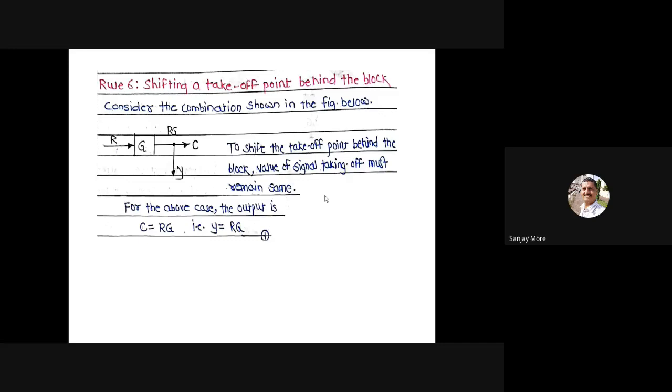Then the sixth rule is shifting a takeoff point behind the block. This takeoff point is shifted here. In this block diagram, the output is C equal to R into G, that is Y is equal to RG.